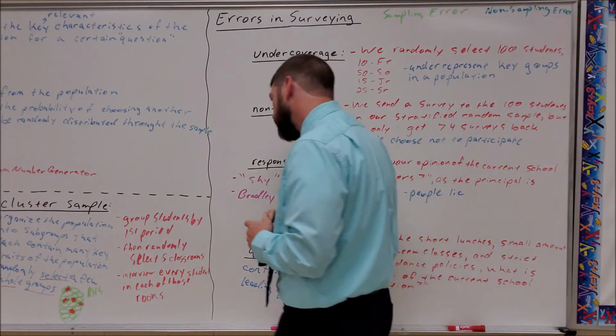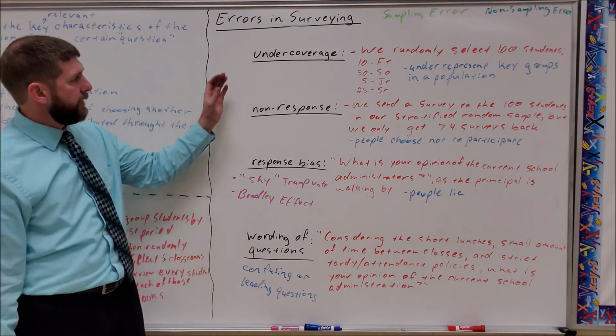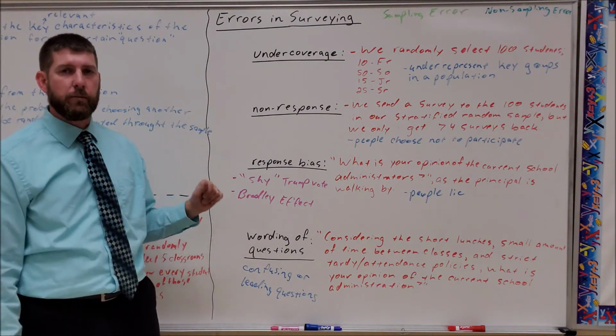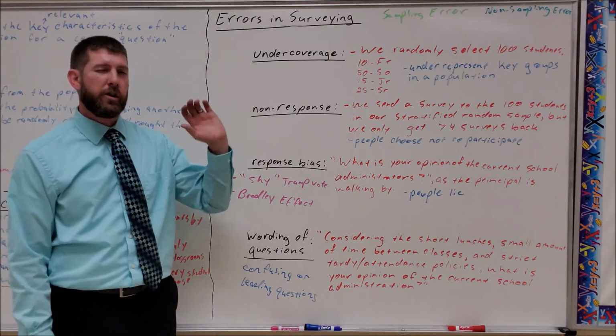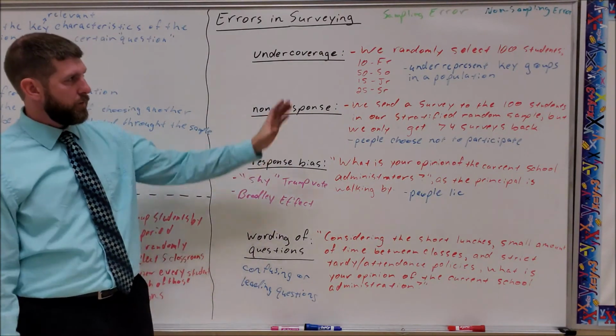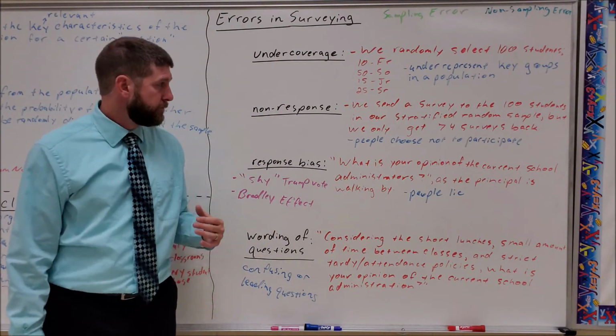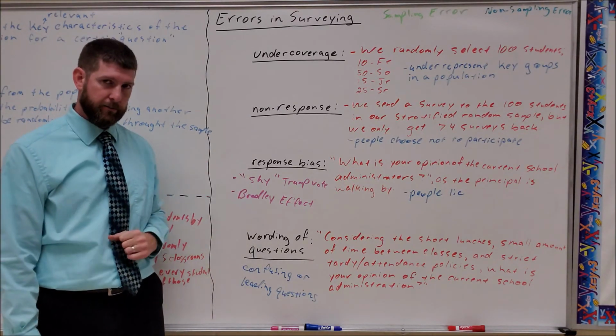I want you to take a moment, so I can pause this, and then beside each one of these, I want you to label, is it a sampling error or a non-sampling error? So you come up with your own definition based on what these mean, and see if you can figure out how you would identify each one of these. And I'll wait right here.